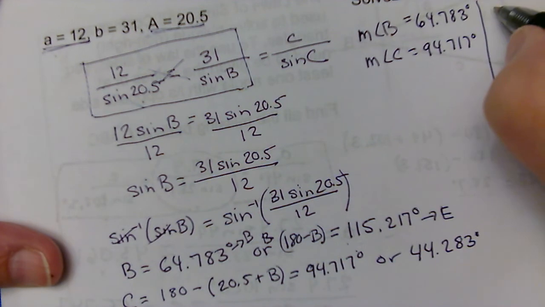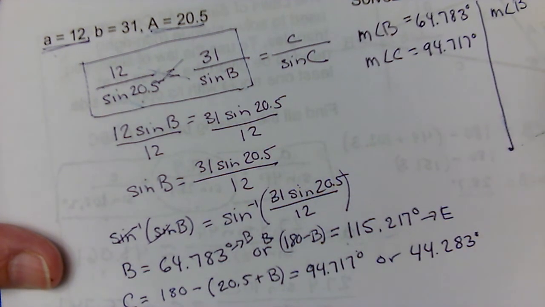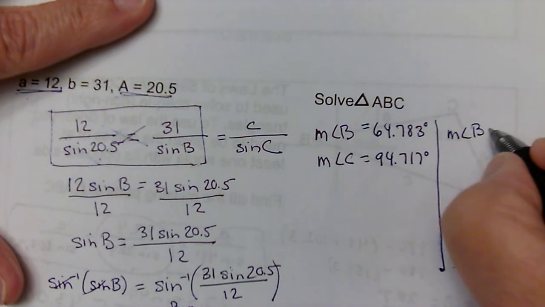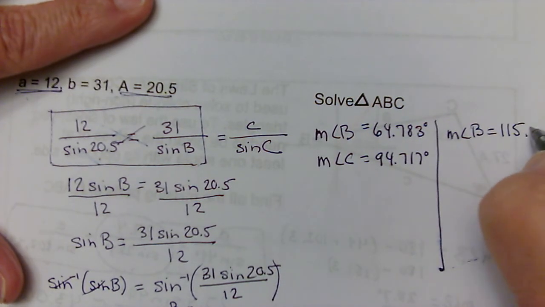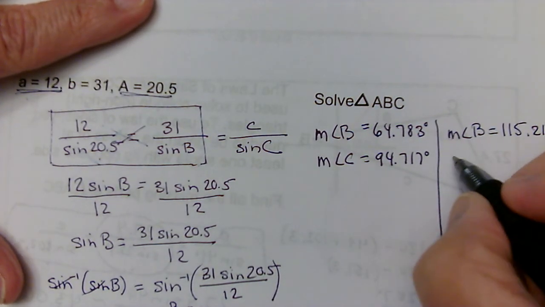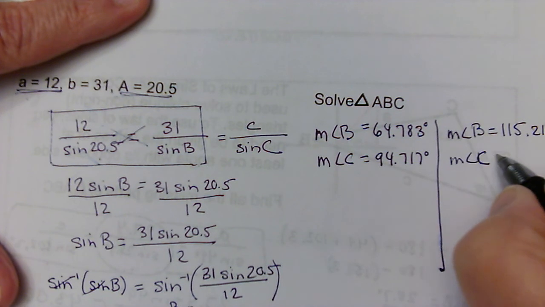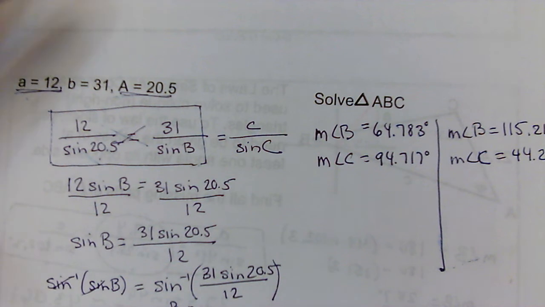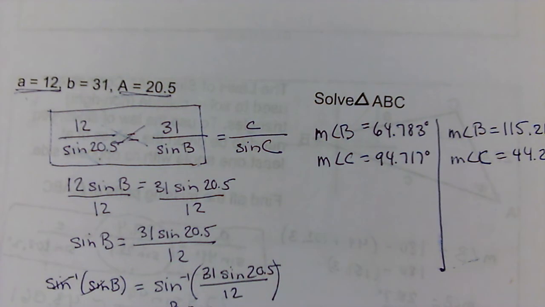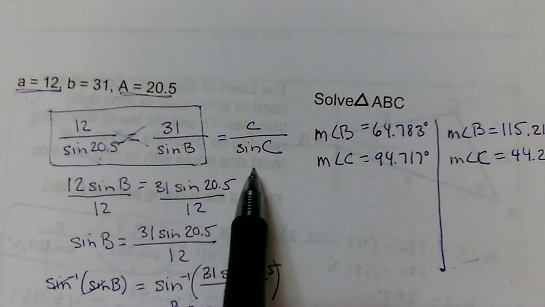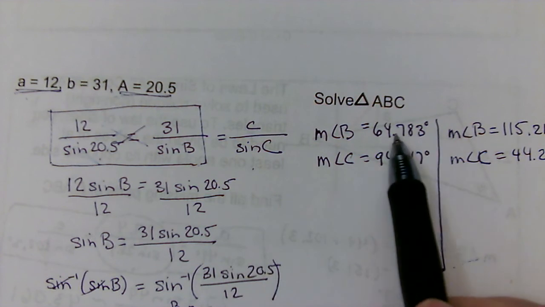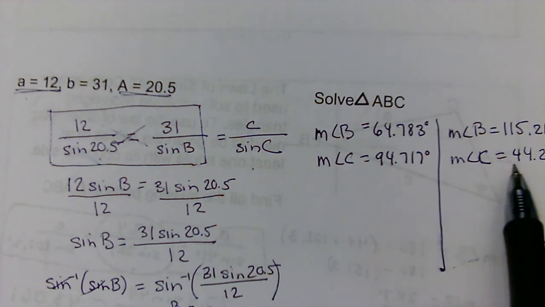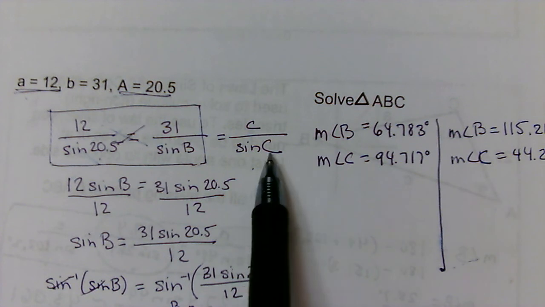And my second solution has angle B as 115.217 degrees, and it has its angle C as 44.283 degrees. So now I have to solve the c equation twice, one using this measure of angle C and the other using this measure of angle C.